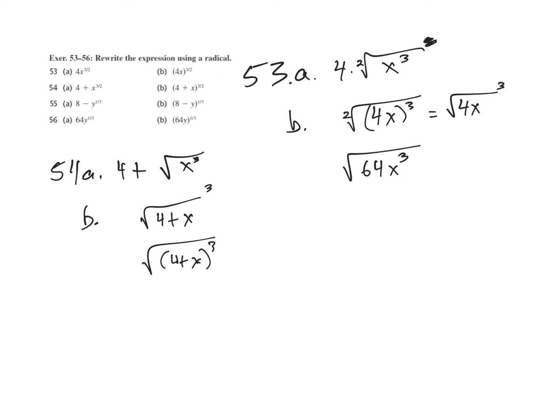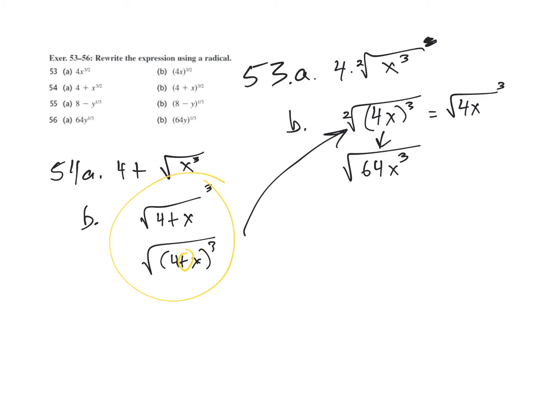And again, you cannot distribute that 3 through. As opposed to there, you could distribute the 3 through here, and that's how we got 64 and x cubed. But this has a plus sign on it, so you cannot do that. So either one of these 2 answers is correct, and move on to the next one.